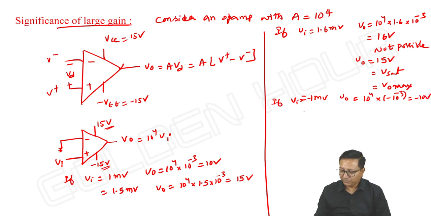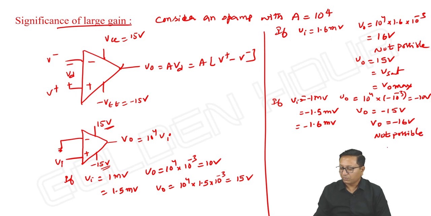And suppose my input is minus 1.5 millivolt, the corresponding output is directly I'm writing it is minus 15 volts. And if it is minus 1.6 millivolt, the corresponding output is minus 16 volts. Not possible. It is exceeding the power supply. So what is V output possible value? It is minus 15 volts.